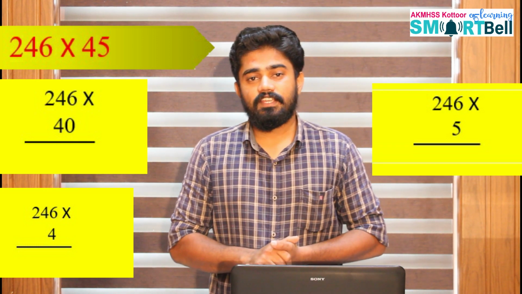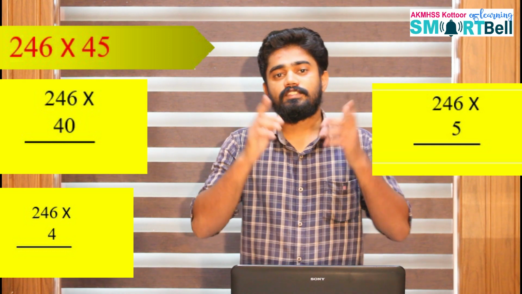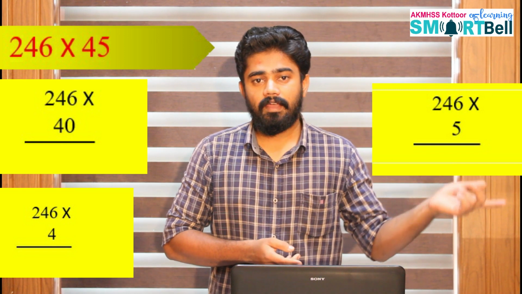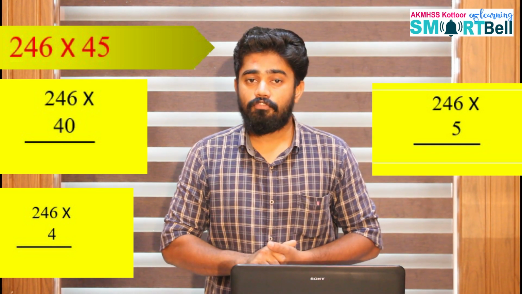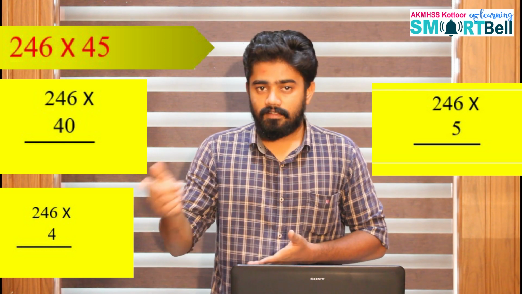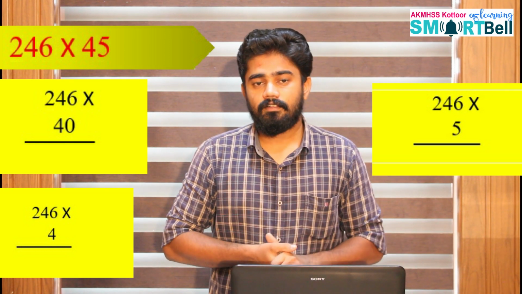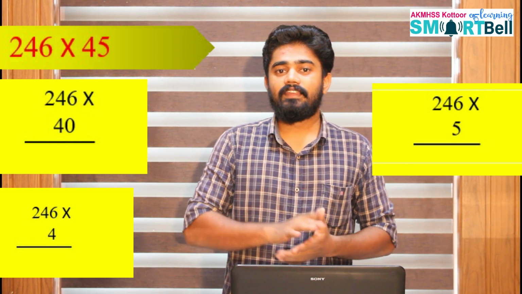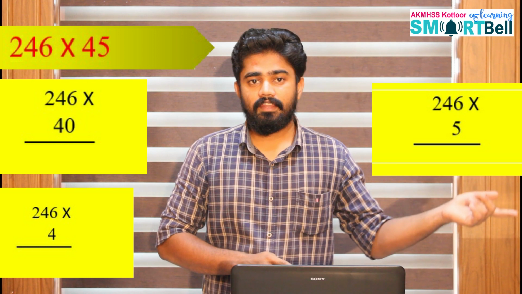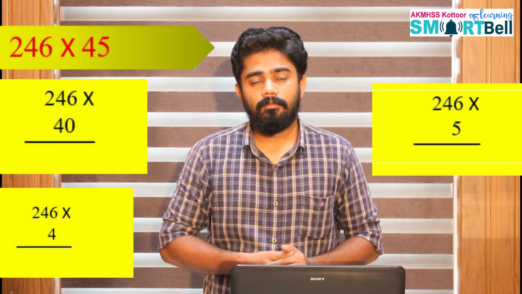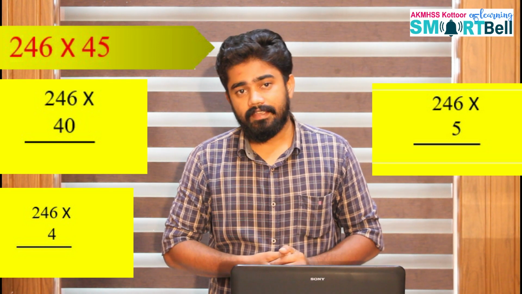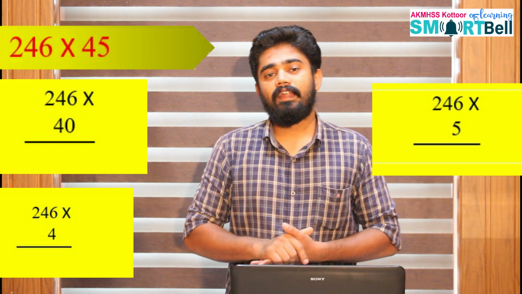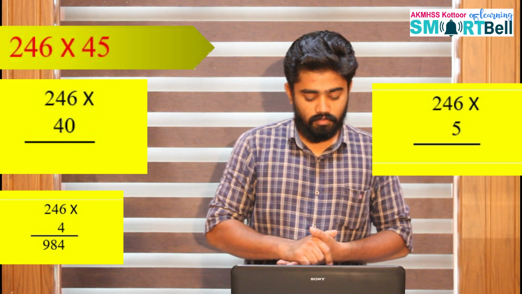Okay, 246 into 4: 6 into 4 is 24. Write 4, remainder 2. Then 4 into 4, 16, and the remainder 2 is there, so it becomes a total of 18. So we write 8, then the remainder is 1. 2 into 4, 8, and there is remainder 1, so the total is 984.